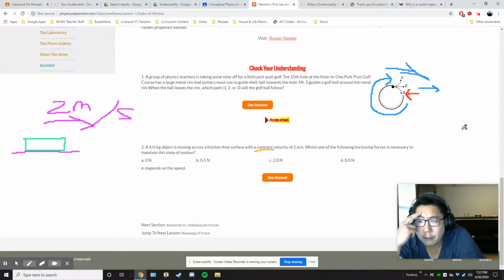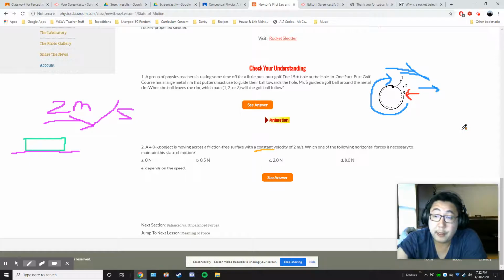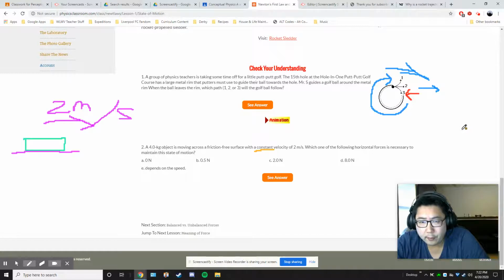So we have this object that is not changing its speed at all. It's constantly at 2 meters per second. That means its acceleration, which is a way to measure the changes in velocity, is 0. It's not accelerating, it's not getting faster, it is not decelerating, it is maintaining a constant speed.